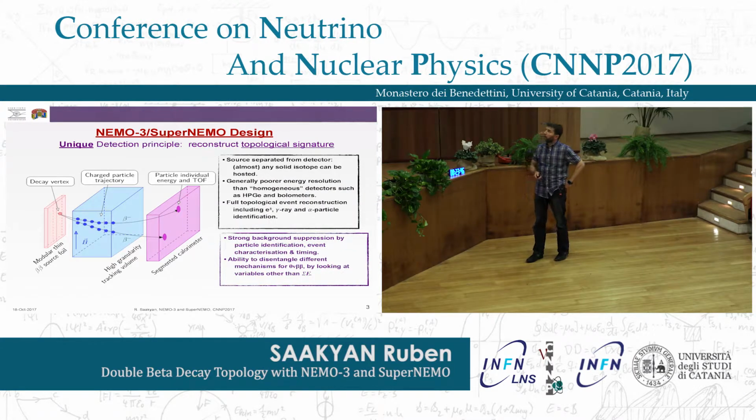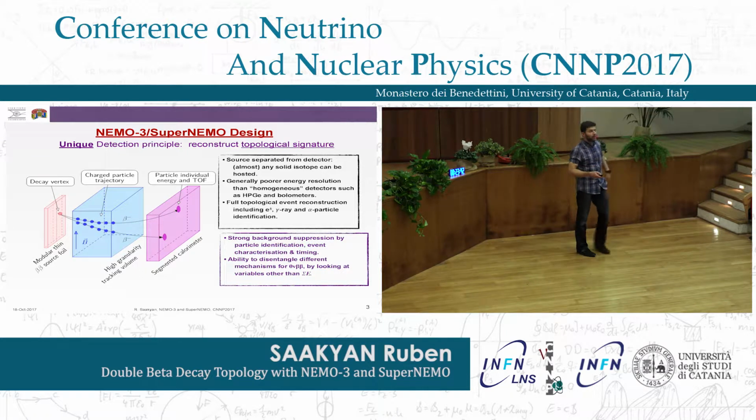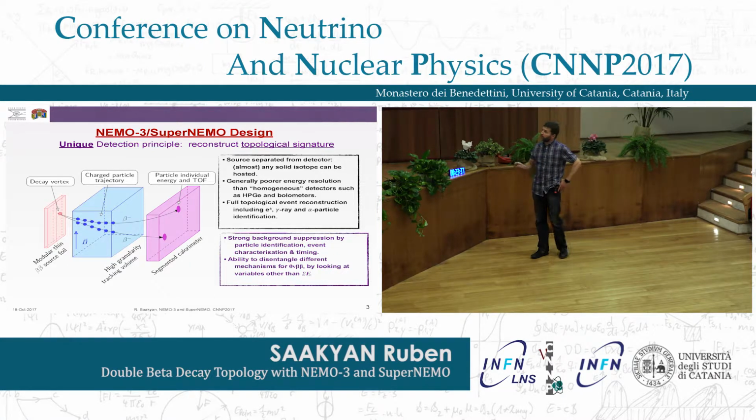So the idea of topological detection of the matter creation or double beta decay stems from this inspiration, from the fact that we want to be as open-minded as possible as to what exact mechanism nature chose.